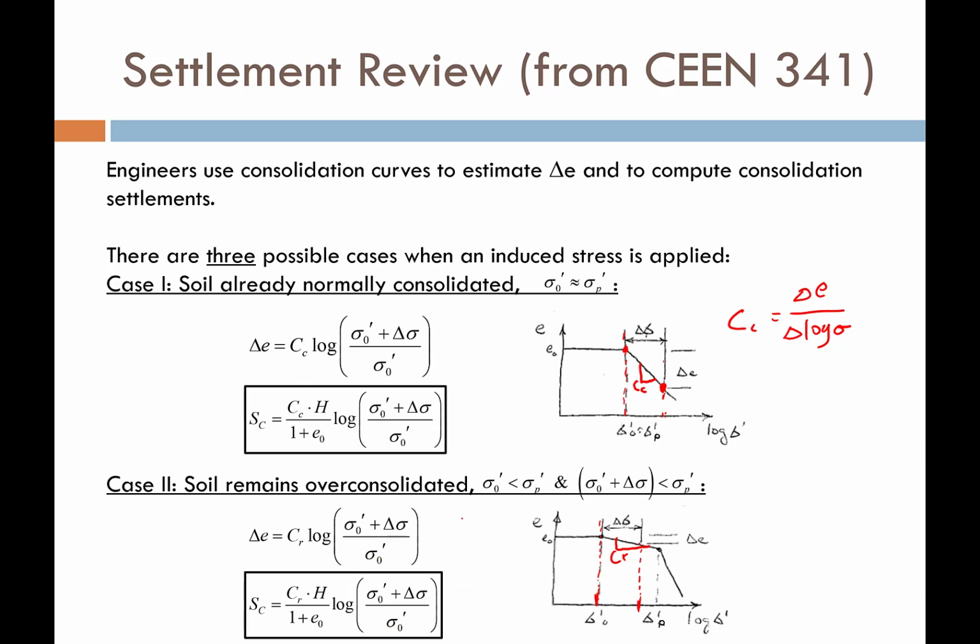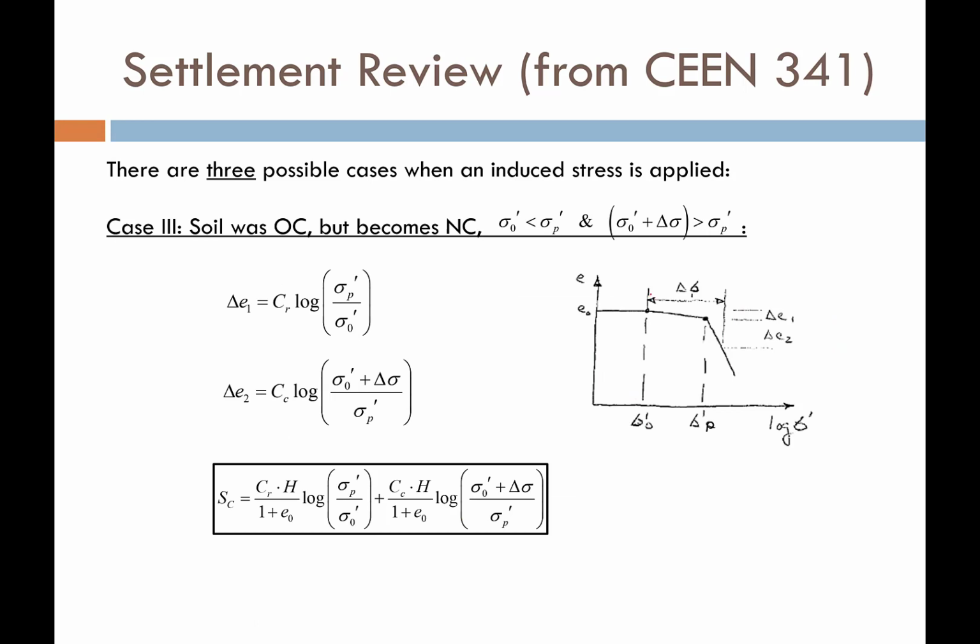Now, the third case is an interesting case. The third case is, what if my soil initially is over-consolidated? My effective stress is less than my pre-consolidation stress. But after I apply my induced stress to the soil, it's enough to get me past the pre-consolidation stress such that now I'm over here on the virgin compression line. So I have two changes in void ratio I need to calculate. I have the change in void ratio from the over-consolidated portion, and I have the change in void ratio from my normally consolidated portion.